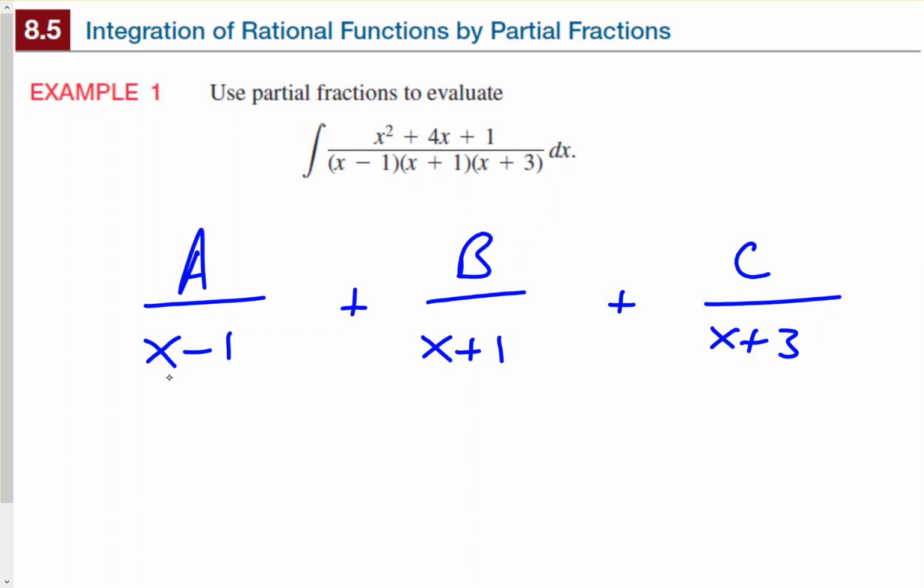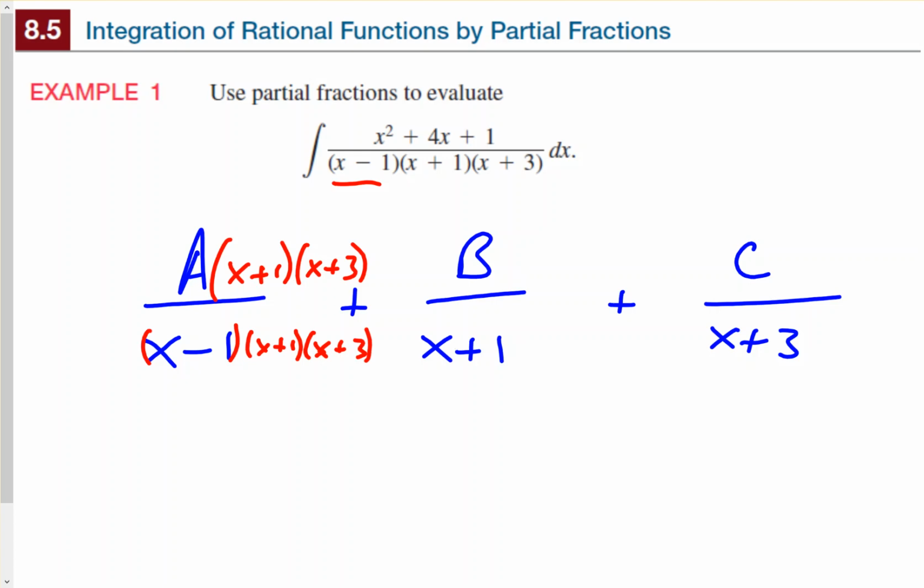So for example, if we have x minus 1, we're missing the other two factors, so that means we're going to be multiplying by the other two factors here, x plus 1 times x plus 3.